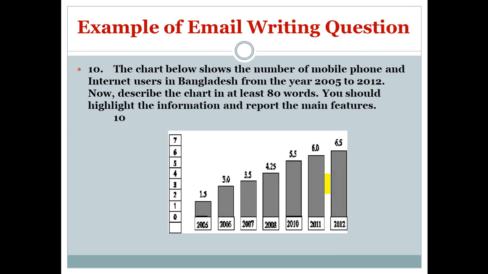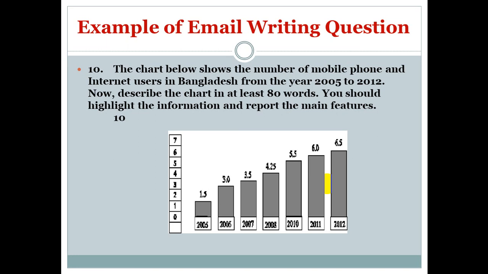And next comes the chart. Here you will get different kinds of charts, pie chart, bar chart, column chart, or maps. You have to analyze this chart or these maps, and you have to write at least 80 words.